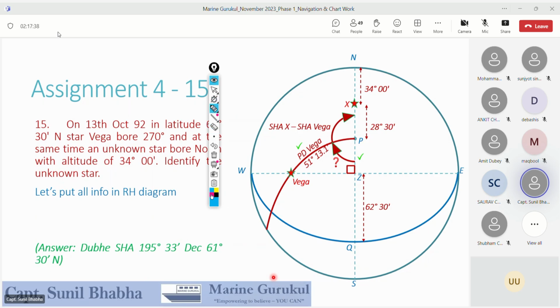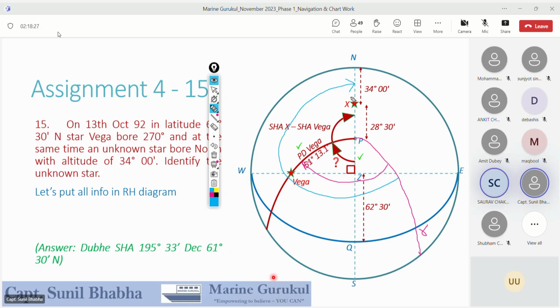Beta, in this diagram, first of all I showed Aries. Aries is here. Okay beta, Aries okay here. Saurabh, are you okay with Aries here? Yes sir, yes sir. Okay. Now beta, I am showing the SHA of Vega. This pink color angle is the SHA of Vega. R angle at the pole contained between the celestial meridian of Aries and the celestial meridian of Vega. This is the SHA of Vega, right? Yes sir, SHA of Vega. Okay. Right. What will be the SHA of the unknown star? I am showing it by a blue color angle now. This is going to be the SHA of the unknown star, the blue color angle. Correct, beta?